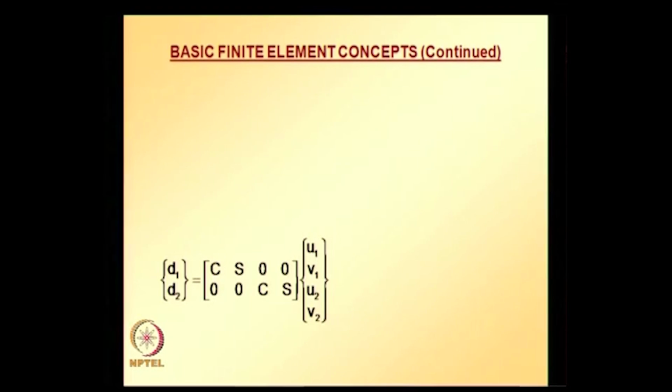And now we are interested in the relationship between the local displacement vector and the global displacement vector. Please note that local displacements get transformed in the same manner as spatial coordinates.